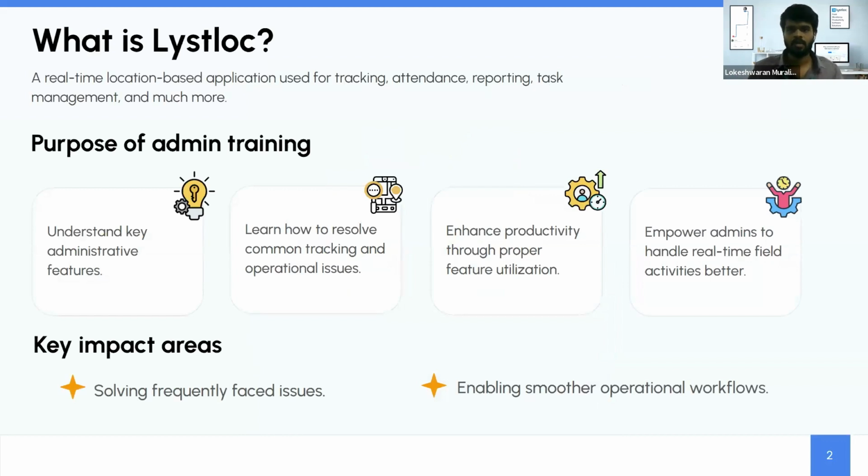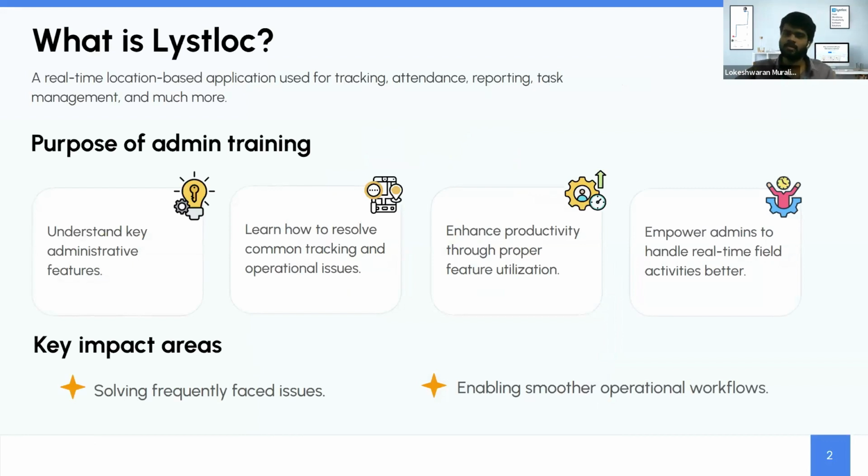So, starting with a brief about Lystloc. Lystloc is a real-time location-based application designed for tracking field teams, managing attendance, reporting and task assignments. It helps businesses streamline field operations and improve workforce productivity. Lystloc is a complete business application with Lyst CRM, leave management, and live tracking enabled.